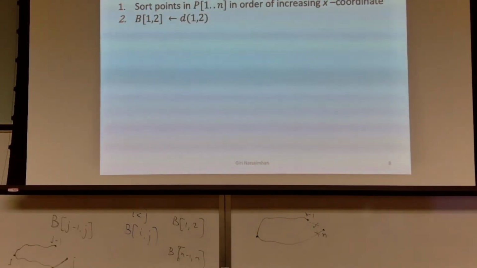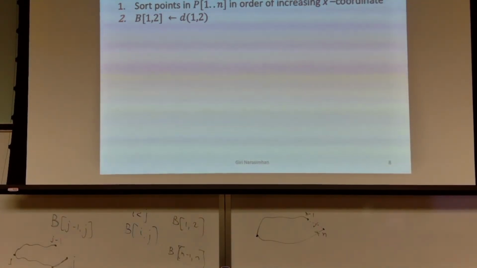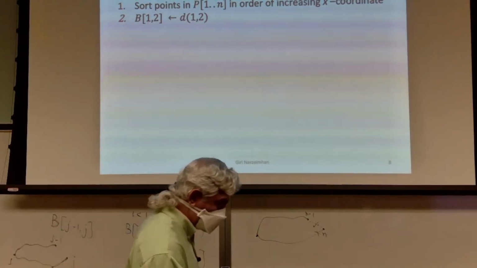So one of the paths is empty. There is nothing to take care of. The other one has 2 on it. So really, this is the only way you can get that started, right? So this path here is empty. Nothing more to take care of here. So b of 1, 2 is simply the length of this edge. That's what it says there.